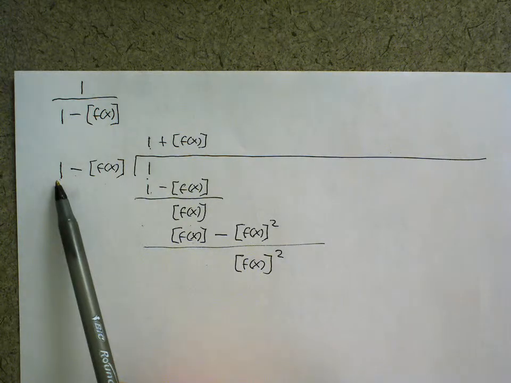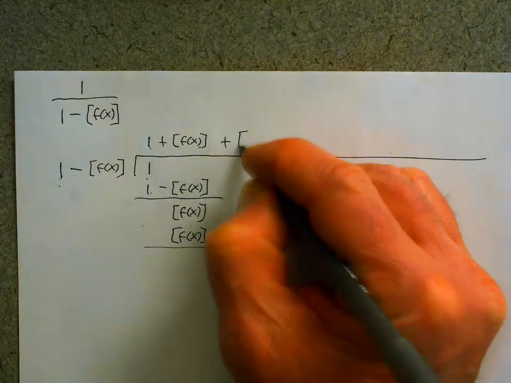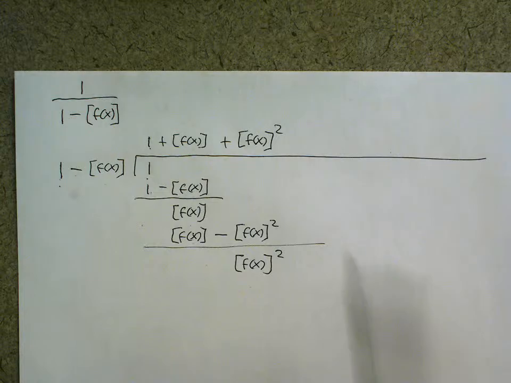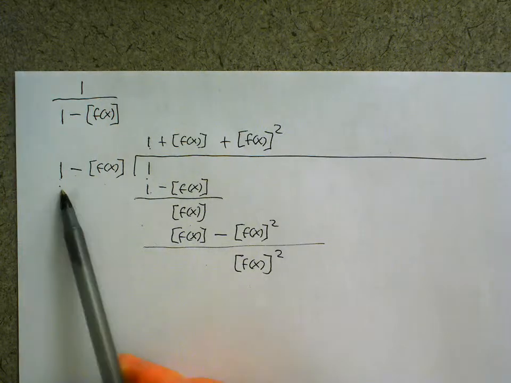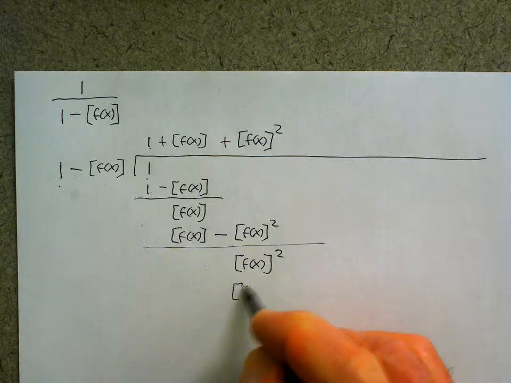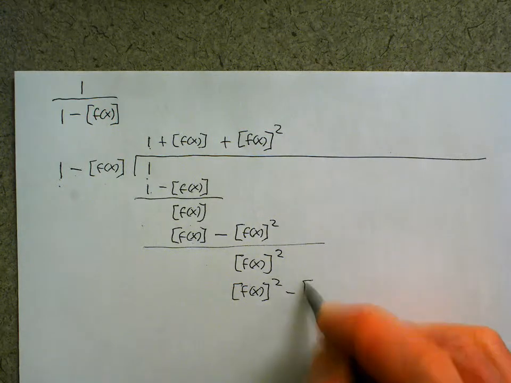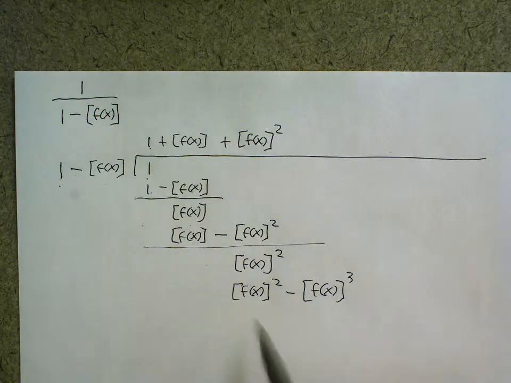And then 1 goes into f of x squared, f of x squared times, and then f of x squared times the divisor, we get the function f of x squared minus the function f of x to the third. And by now, you no doubt see the pattern.